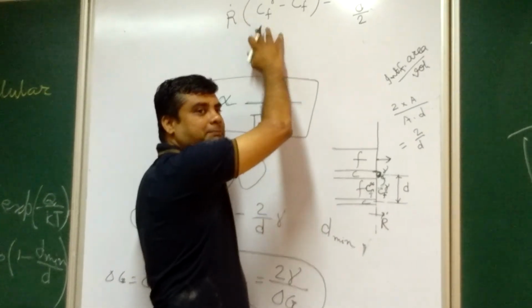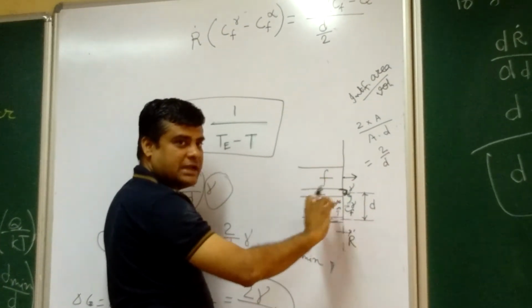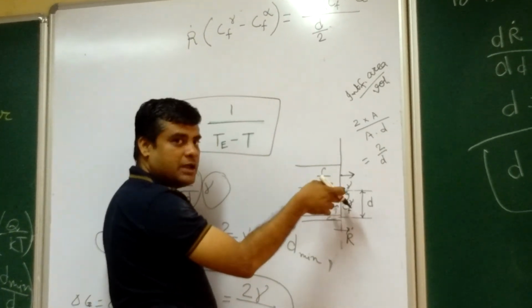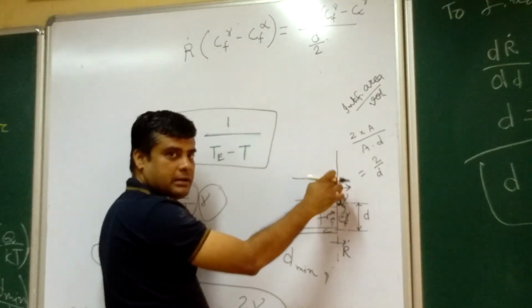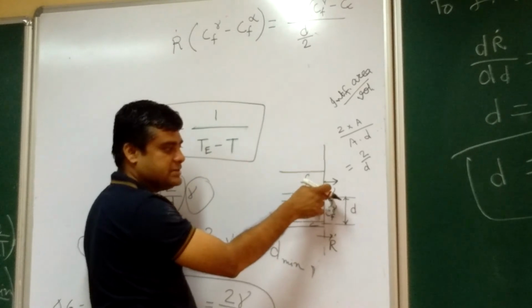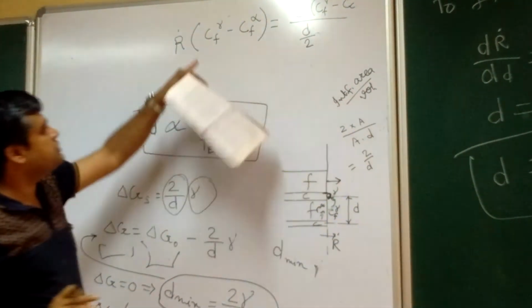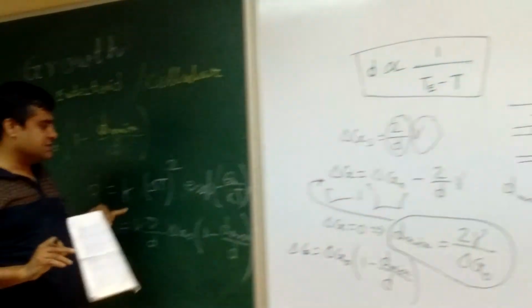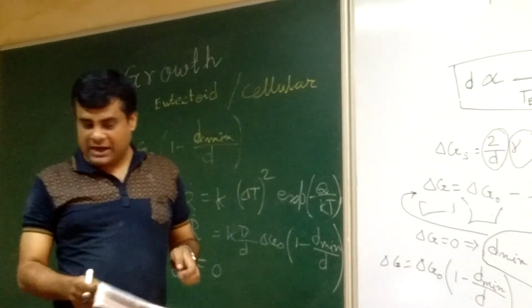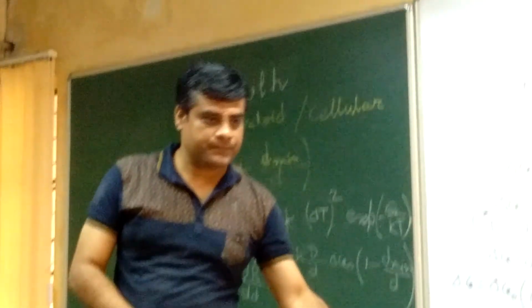So R dot multiplied by the difference in concentration across the interface is equal to the flux here: diffusivity multiplied by the concentration gradient, this minus this divided by d by 2. So this is one expression of R dot. You can use this growth rate for the eutectoid transformation this way.